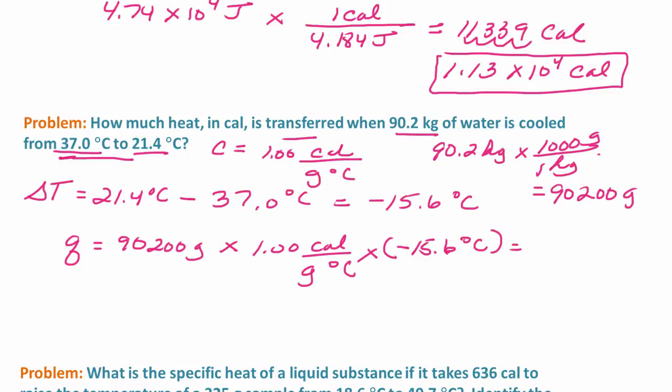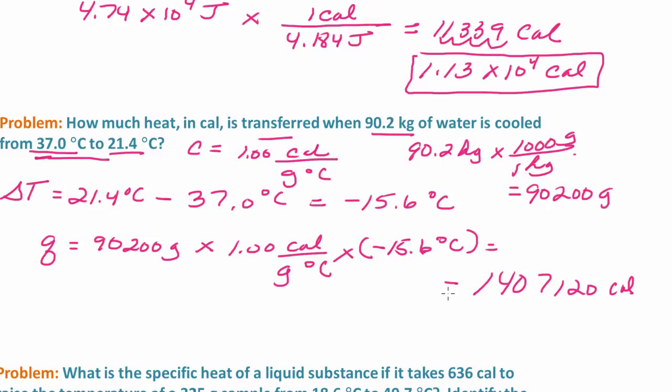And I get a negative 1407120 calories. Again, the negative sign just shows us that the substance was cooled down. So in other words, heat was released.